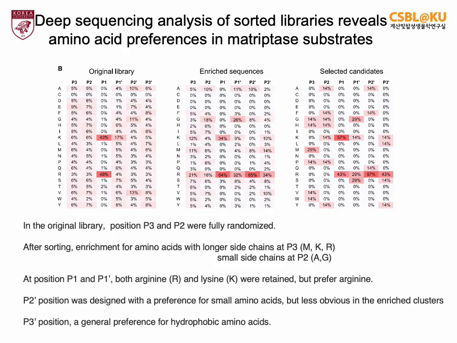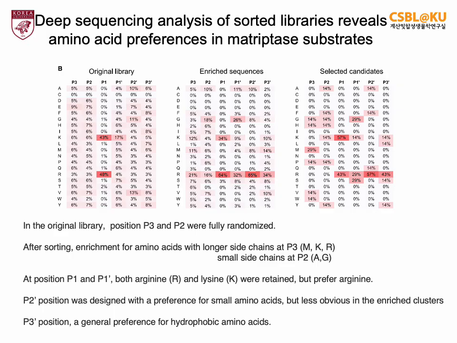After sorting, the trend showed enrichment for amino acids with longer side chains at P3, like methionine, lysine, and arginine, and small side chains at P2, alanine and glycine. Negatively charged amino acids were largely disfavored across these positions.